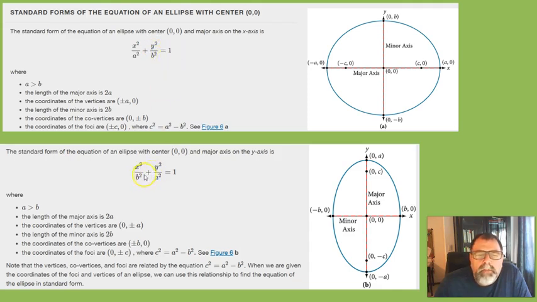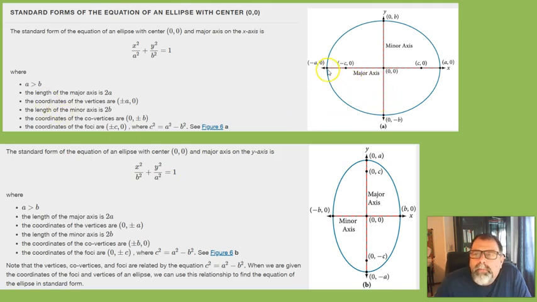And for the vertical major axis, you have b squared under the x and a squared under the y. Basically, we define a to be bigger than b, so wherever the bigger number is tells you the major axis. If the bigger number is under the x, it's a horizontal major axis, on the x-axis if it's centered at 0, 0. And if the bigger number is under the y, it's vertical. Okay, so that's the only thing.